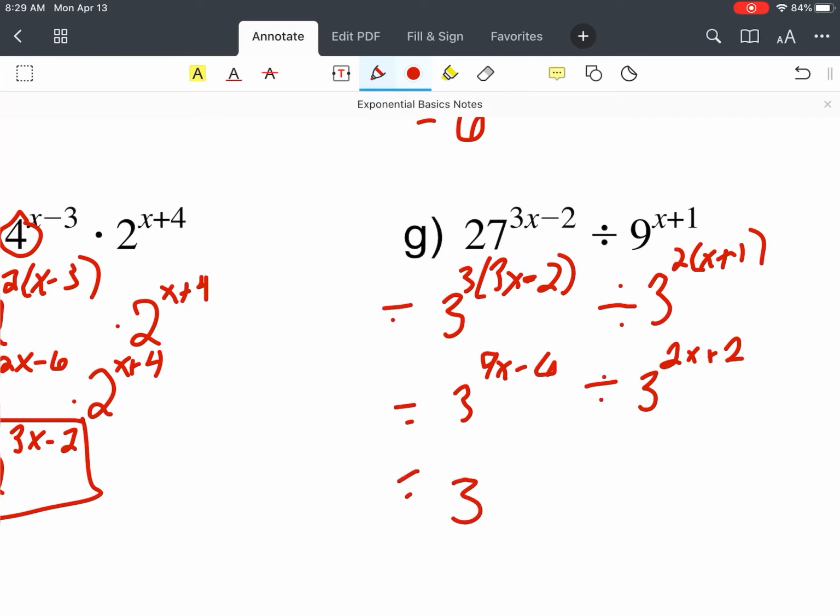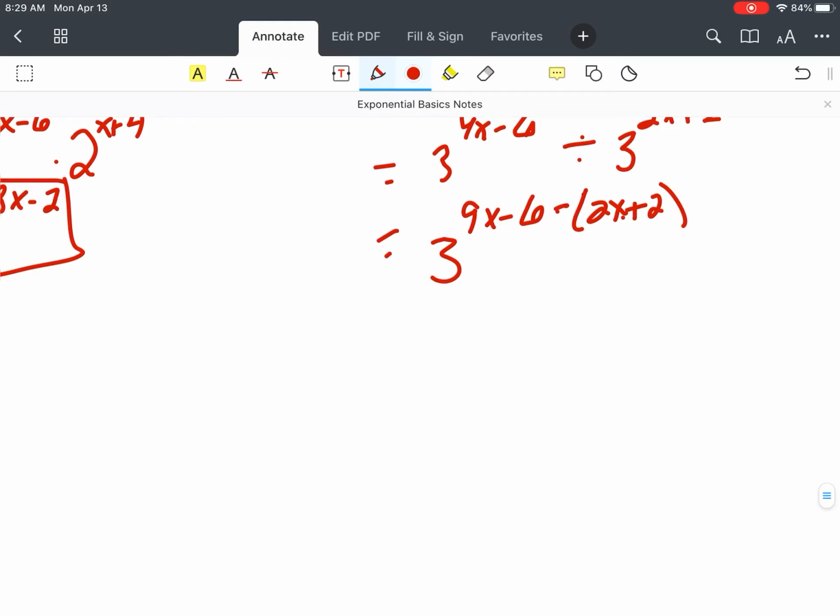If I am dividing two things with the same base, I'm going to subtract their exponents. So this is 3 to the 9x minus 6 minus, in parentheses, 2x plus 2. Okay?